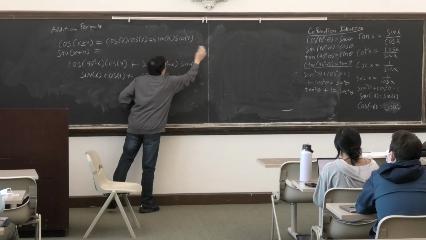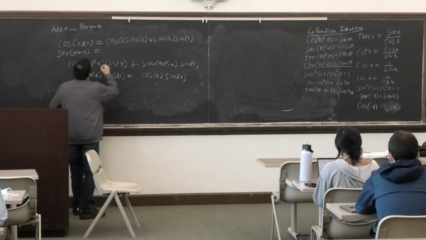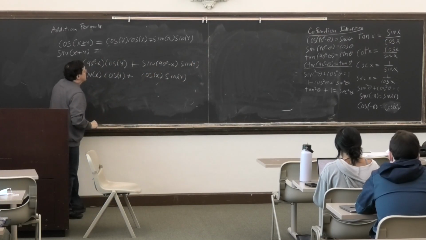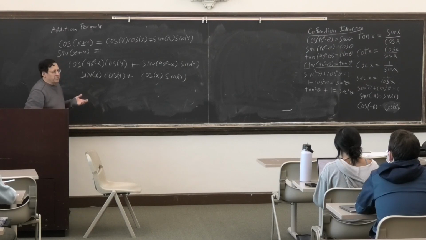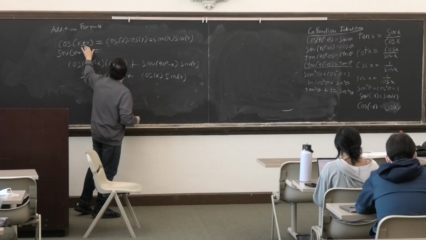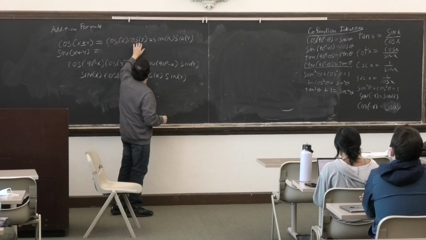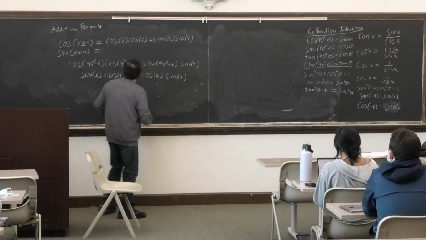Might as well write that in. These both have kind of a nice rhythm to them. They're different. Cosine of x plus y is cosine x cosine y minus sine x sine y.